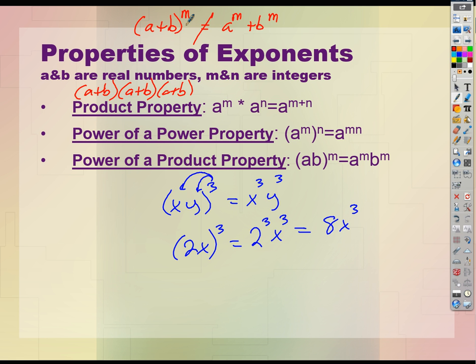So if I gave you x plus 3 to the 4th, is there anything we can do simple with that? Yeah. What? X to the 4th. No, you can't, because they're being added, right? So I can't do that. What I would have to do, and we're not ready for this, this comes later on in the unit, what I would have to do is multiply x plus 3 times x plus 3 times x plus 3 times x plus 3.